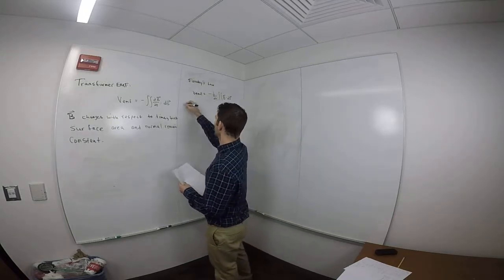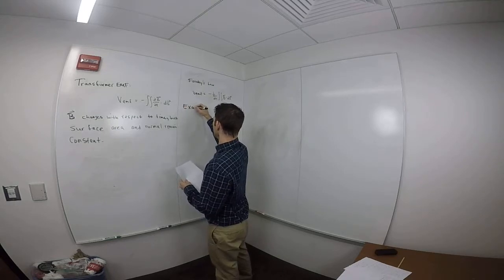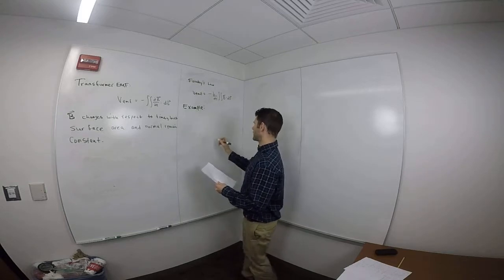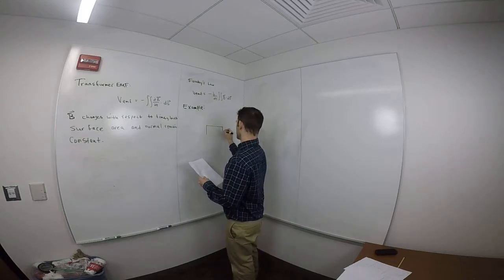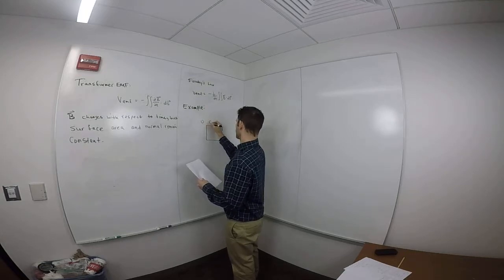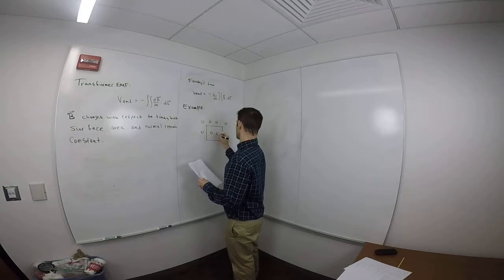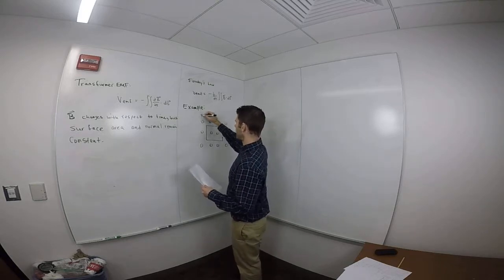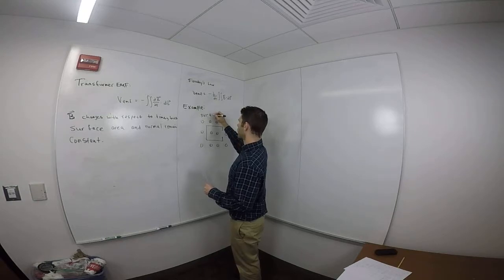Again, I'm going to use that same loop that we used before. What if I have this loop as an open loop like this, and I have a magnetic field equal to 4t in the az direction?